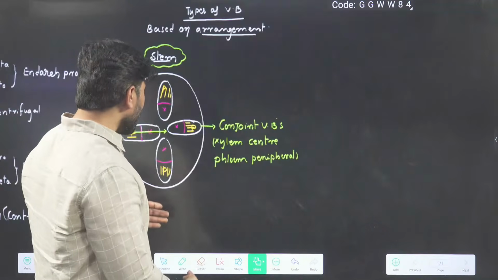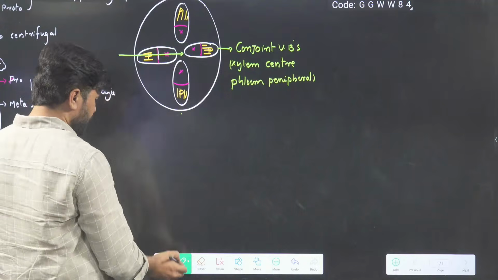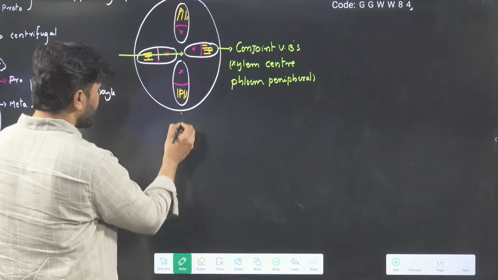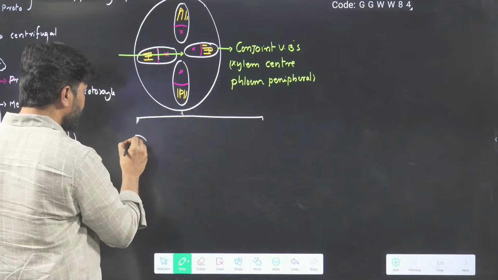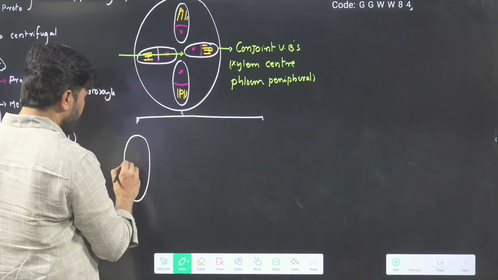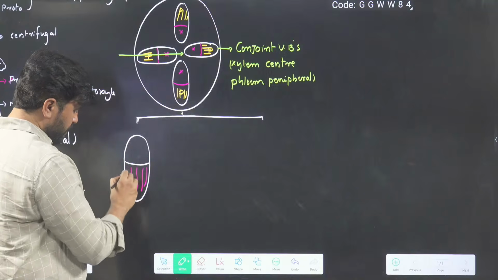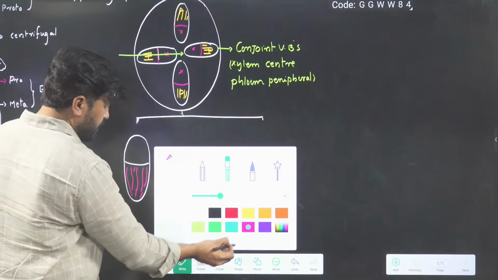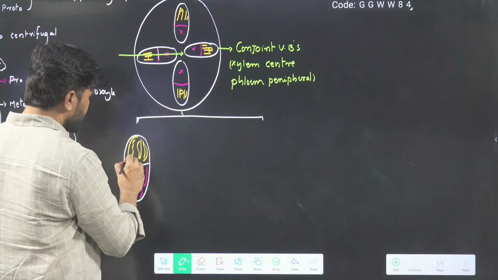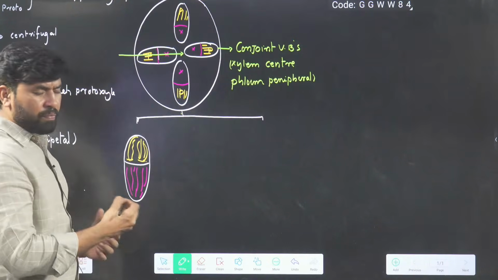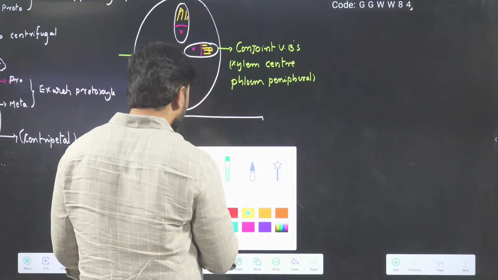But if you analyze conjoint vascular bundles further, there is one arrangement where xylem and phloem are present, xylem center, phloem periphery. Observe, there is another mode of arrangement.